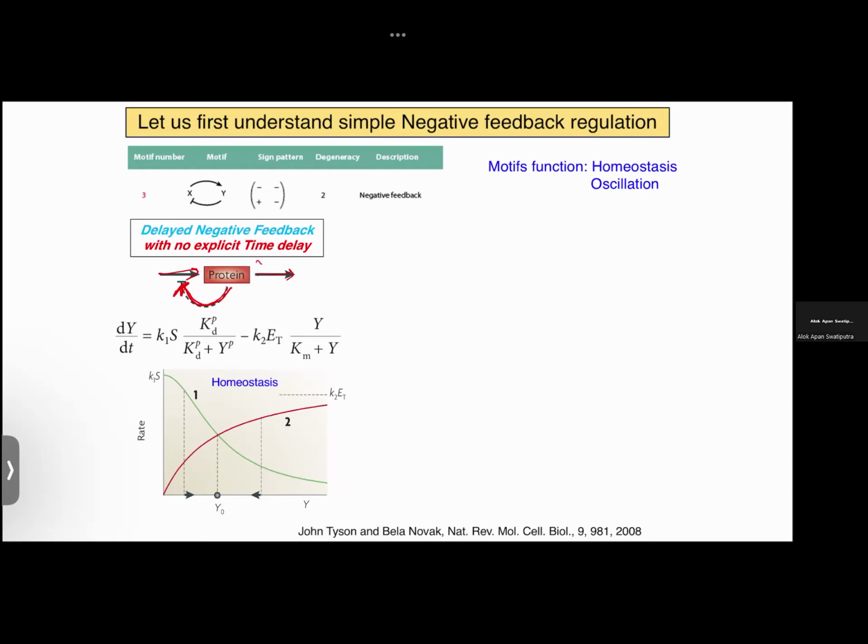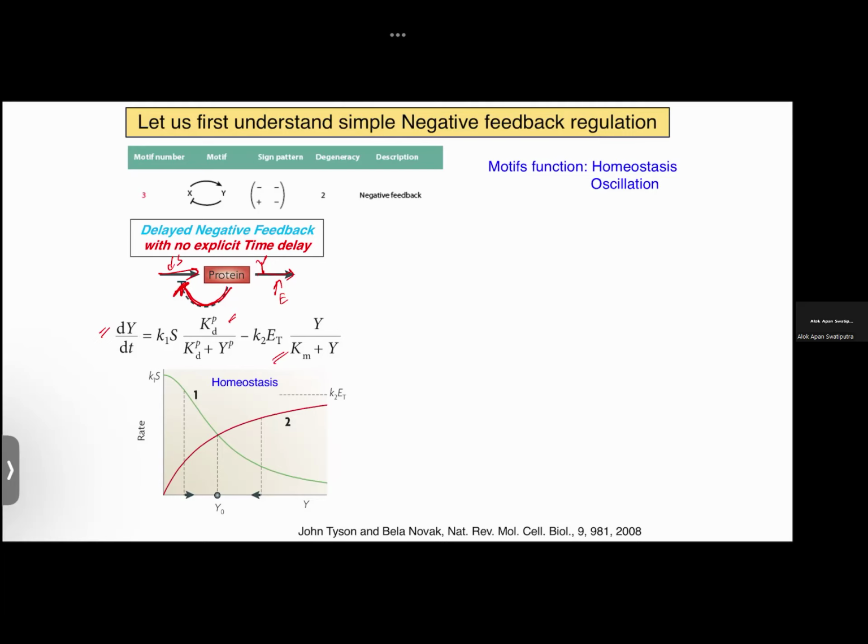So if I denote this protein as Y, I can write dY/dt as some signal here, then you put a Hill term. Assume that after the protein becomes a dimer or trimer or tetramer, only then it inhibits its own formation. And for the degradation term, you assume that there is some enzyme that degrades the protein, so you use Michaelis-Menten for that.